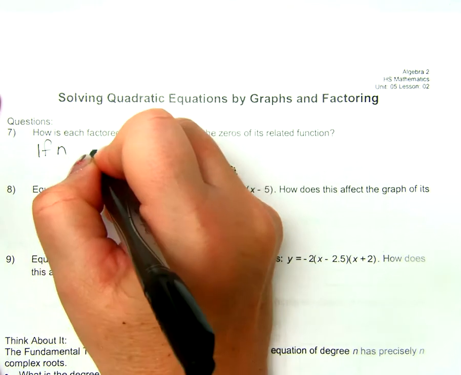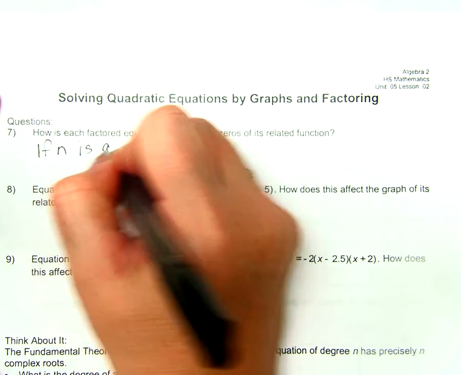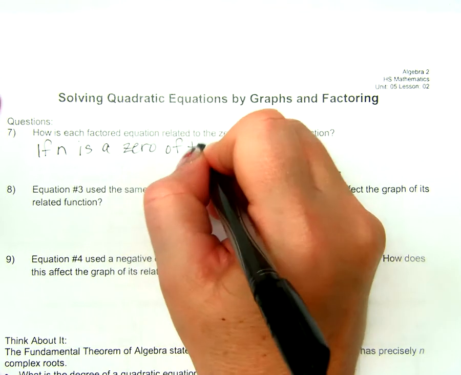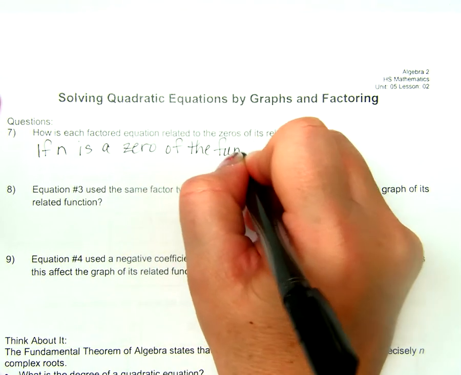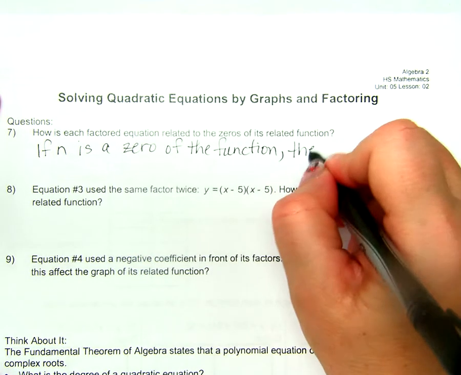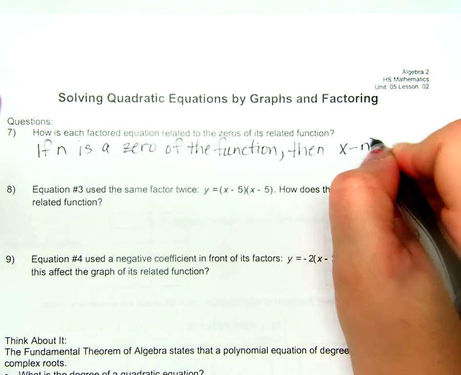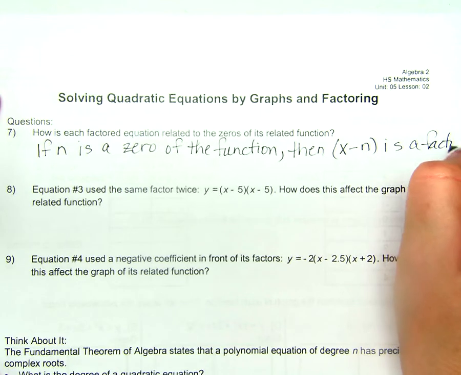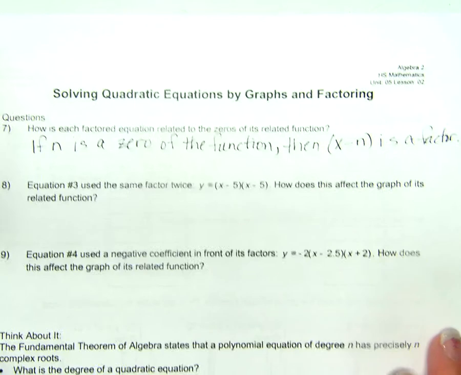If n is a zero of the function, then x minus n is a factor. How's that?